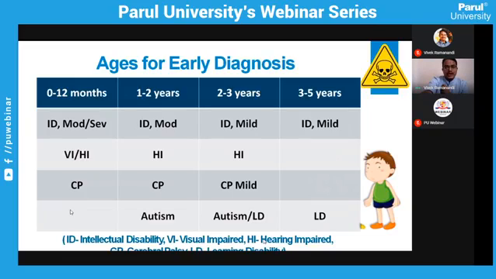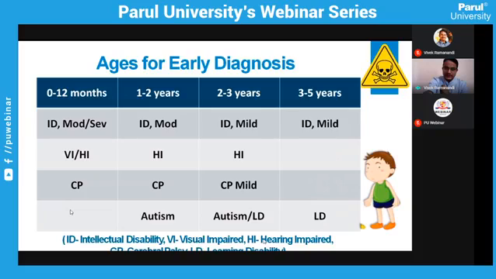After that, during 1 to 2 years of age, we can identify moderate intellectual disabilities, hearing impairments, cerebral palsy, and autism. During 2 to 3 years of age, mild intellectual disabilities, hearing impairment, mild CP, and autism or learning disabilities can be identified. And after that, during 3 to 5 years of age, mild intellectual disabilities and learning disabilities can be identified.